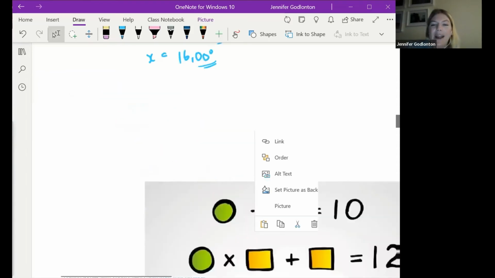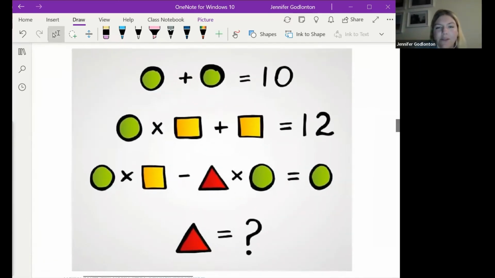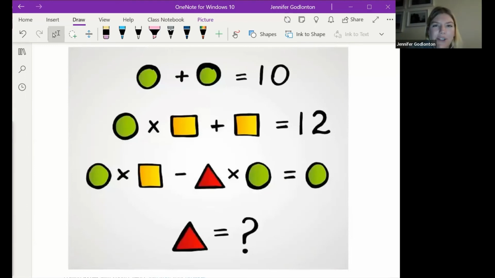Good. Brain break time. Those of you who are new, this has nothing to do with trig. If you don't understand it, it's not the end of the world. It's just something to give your brain a bit of a break from the trig. I want to know what that red triangle is.